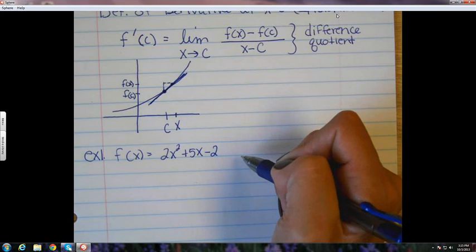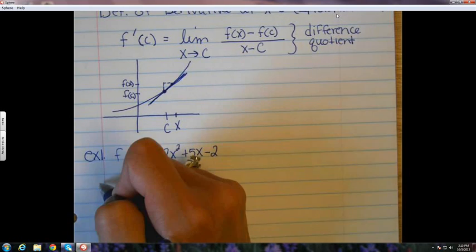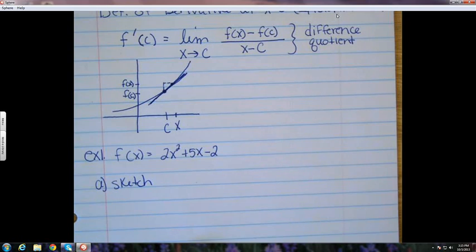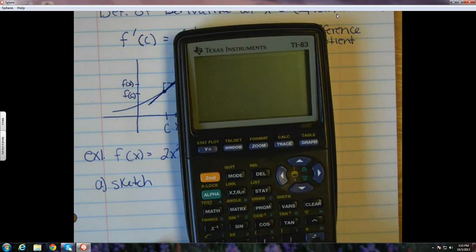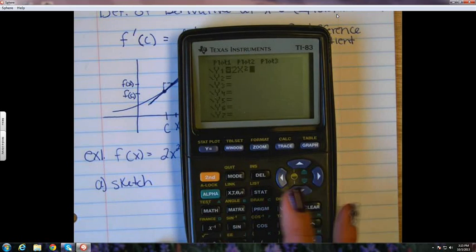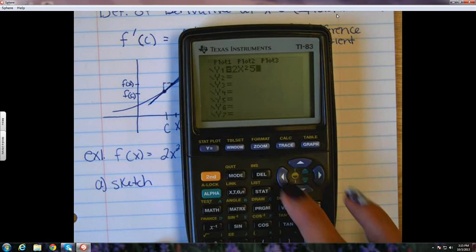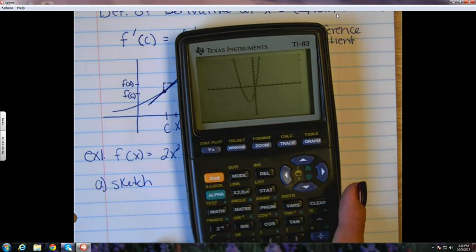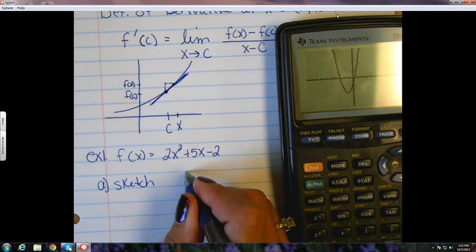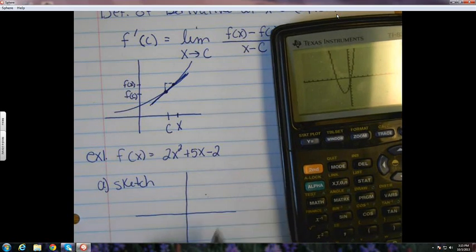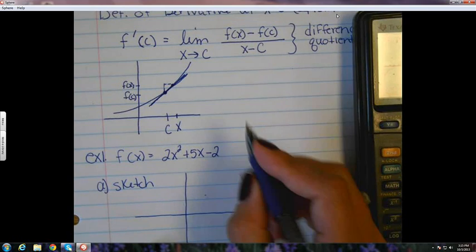So first thing I want to do is sketch 2x squared plus 5x minus 2. And we're going to estimate the derivative at 2.